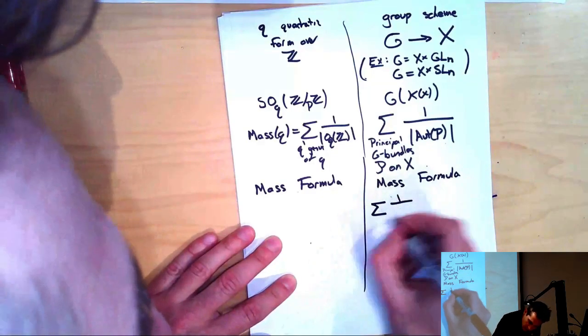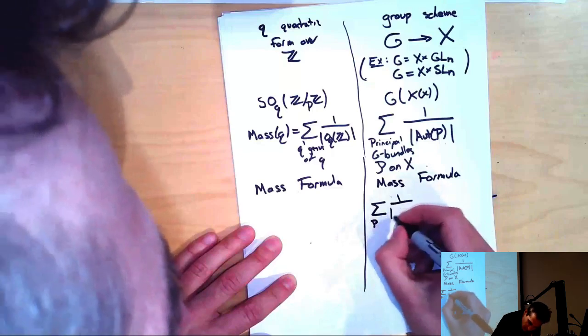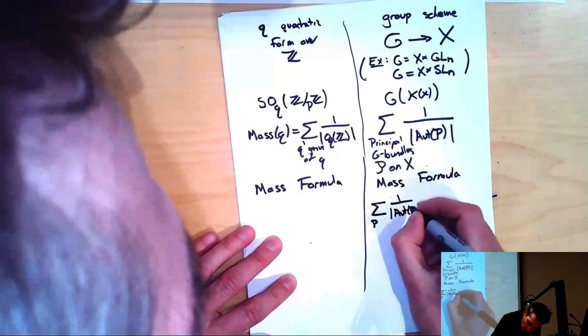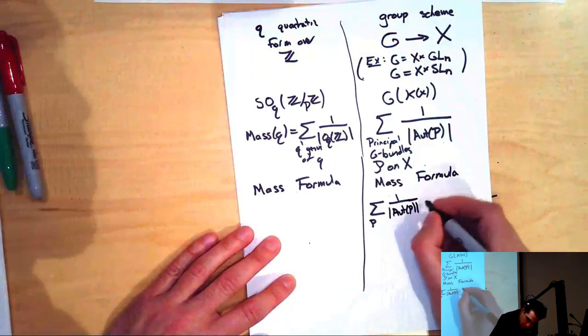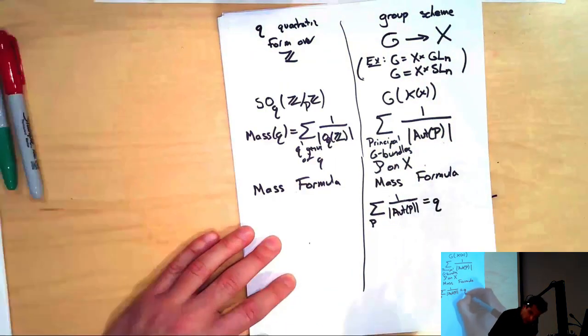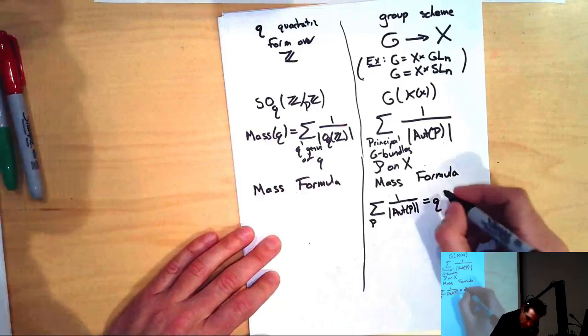It's that this sum over isomorphism classes of principal G bundles, 1 over the size of the automorphism group of P. What does it work out to be? Well, q is the size of my finite field, remember?